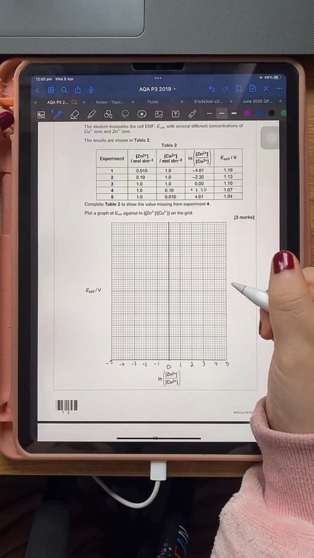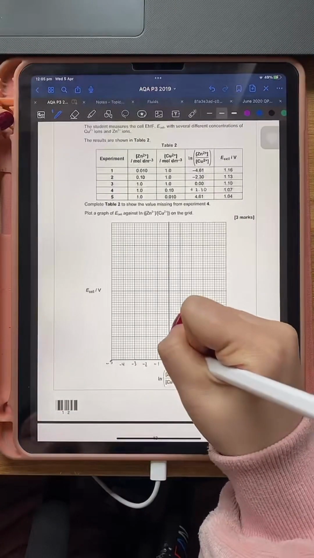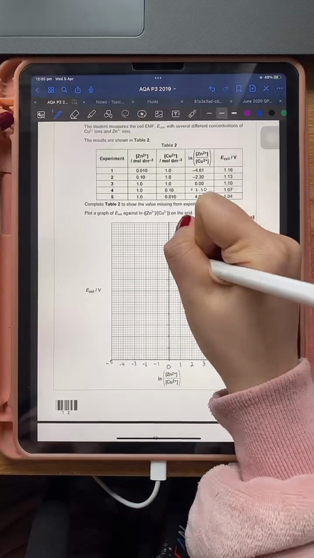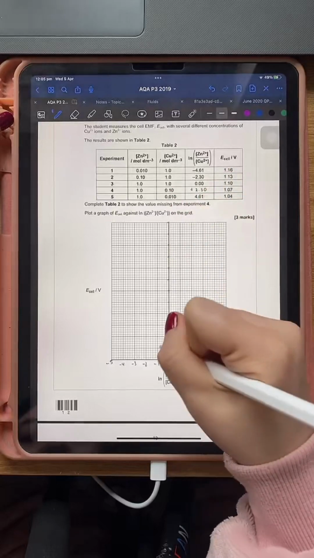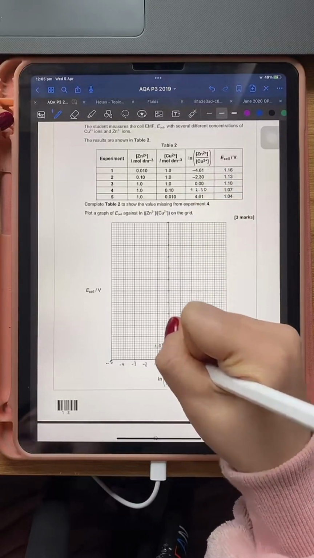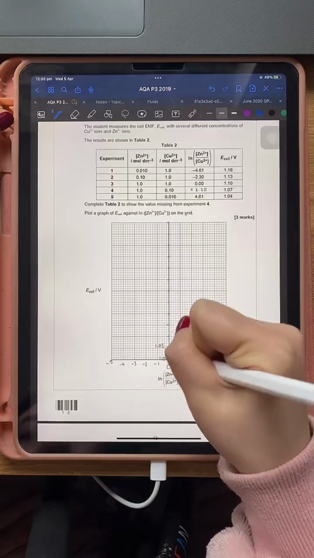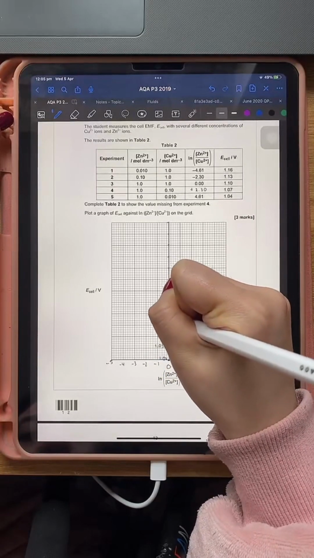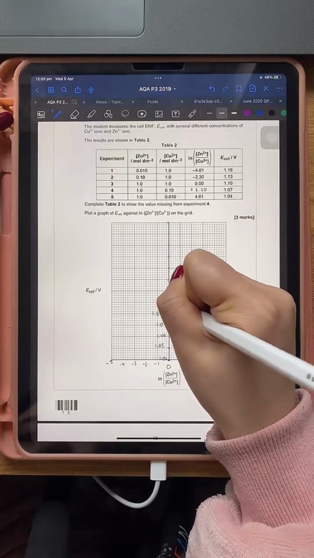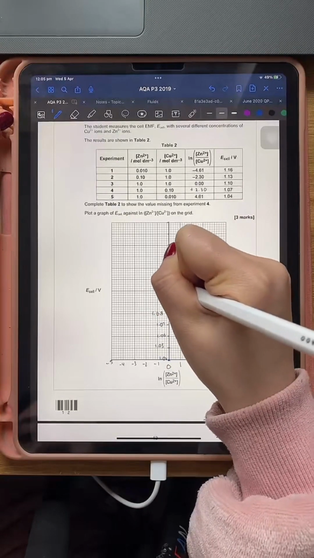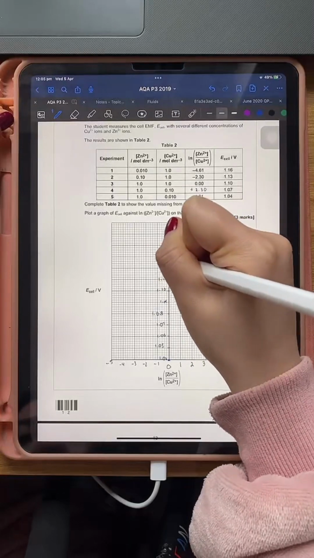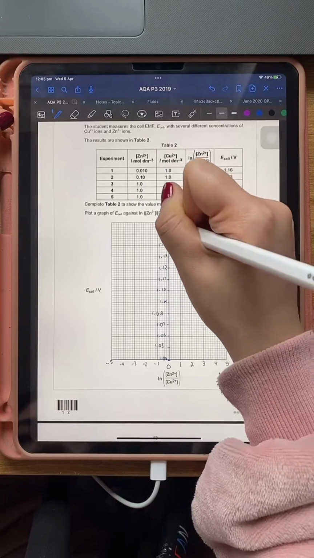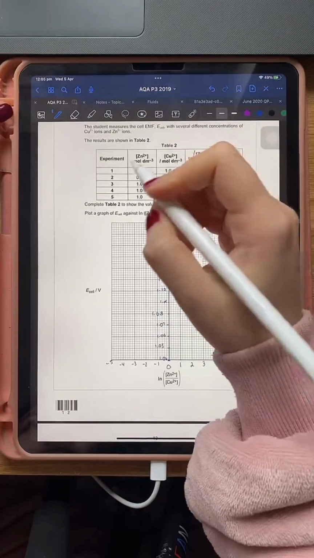And then we have these scales. 1.05, 1.04 down here, 0.6, 0.7, and so on. And then plot them.